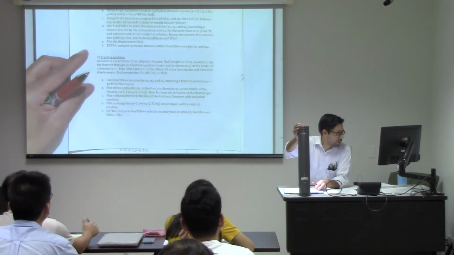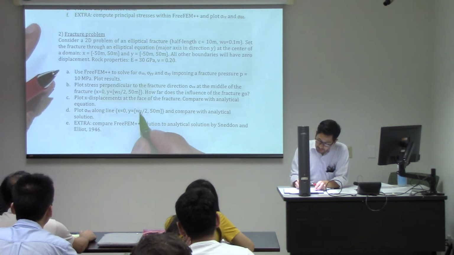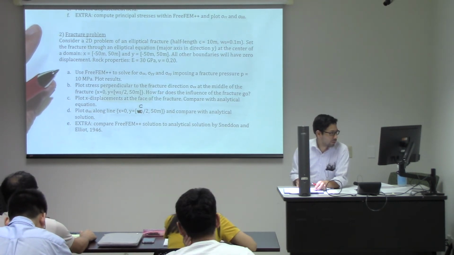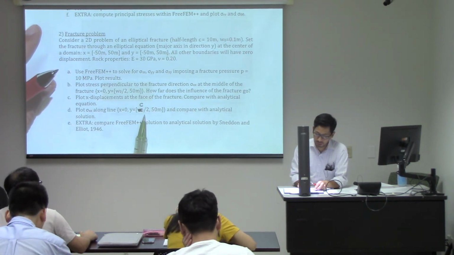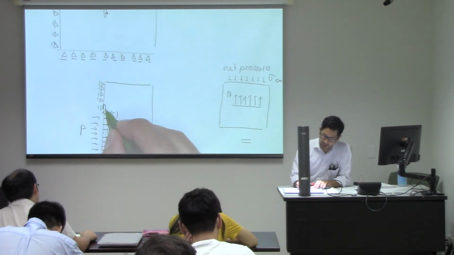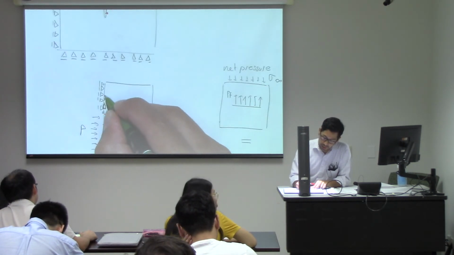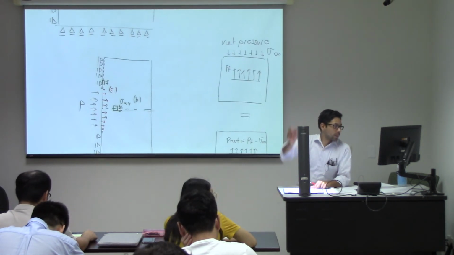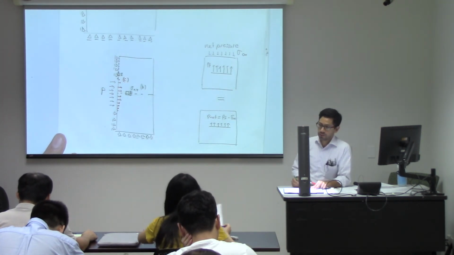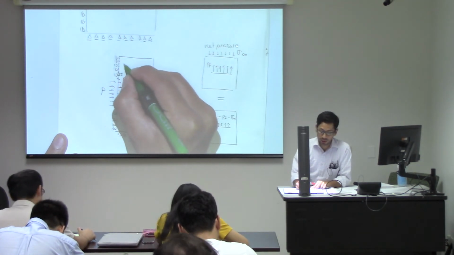And this is again because of copying and pasting, this one should be C divided by 2. I'm asking you to compute the stress at the tip of the fracture in this direction, in this line. It's outside the fracture. So this is A, B, C, D.